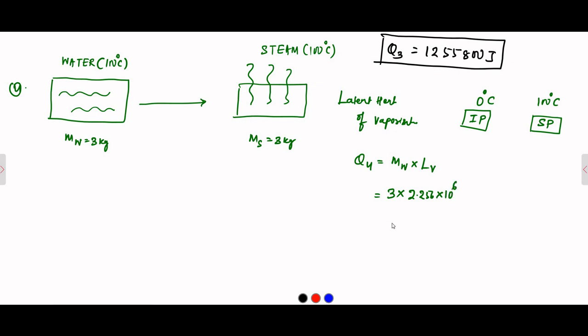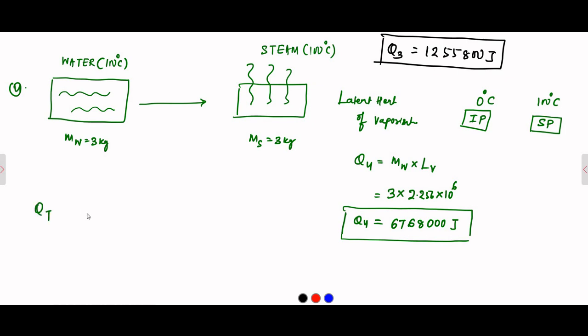So it is coming 6,768,000 joule. This is the amount of heat required to convert water at 100 degrees Celsius to steam at 100 degrees Celsius. So we have got four different types of heat energies required.